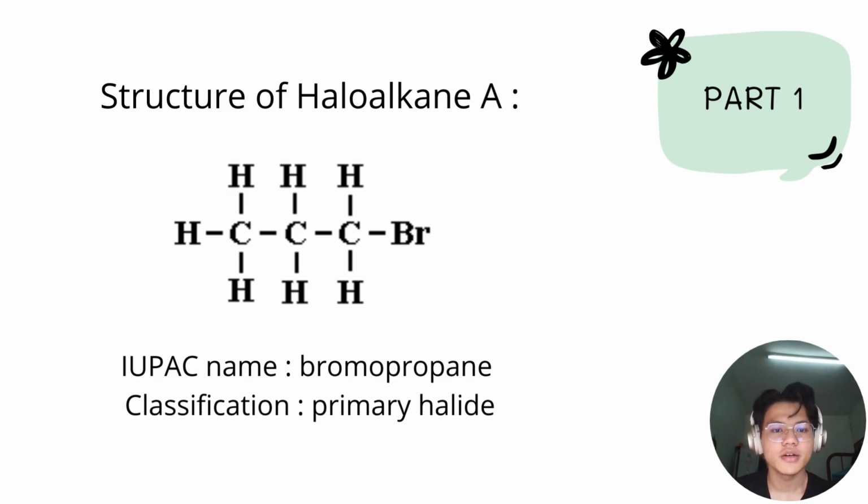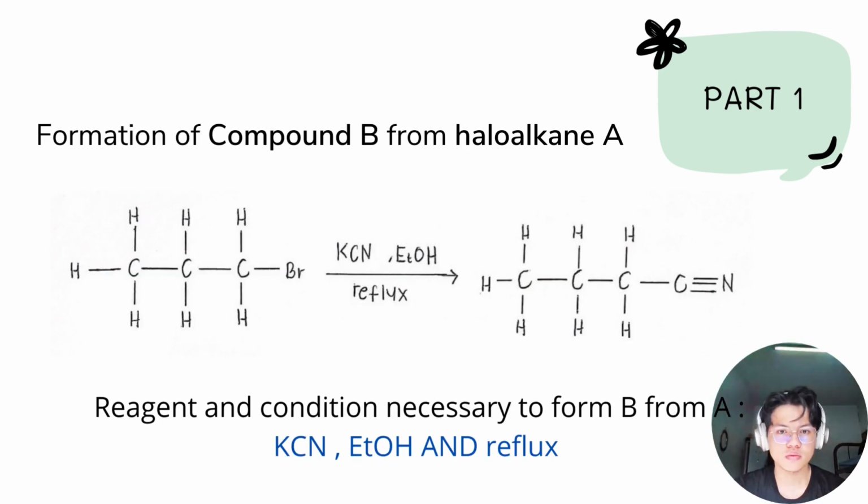Okay, this is the structure of haloalkane A, as you can see in the figure below. The IUPAC name is bromopropane, more specifically 1-bromopropane, and the classification is primary halide.